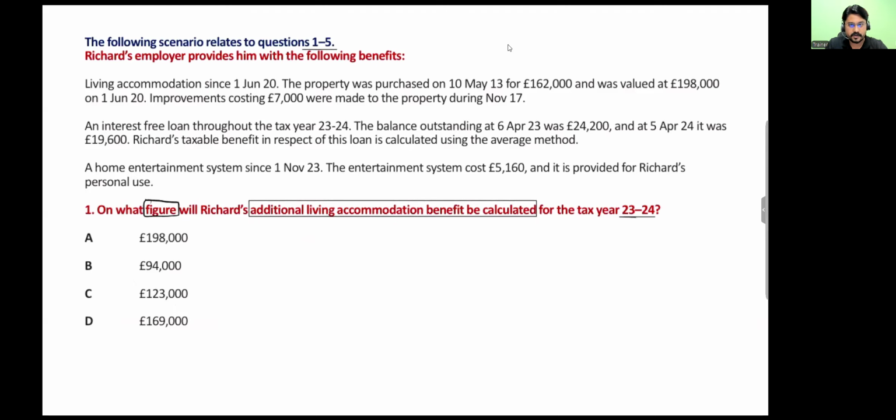We have to find the amount on which the additional accommodation benefit will be calculated. I would appreciate it if you start reading the scenario and select your appropriate answer.